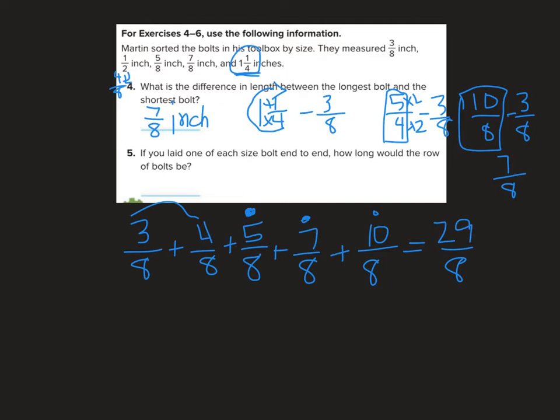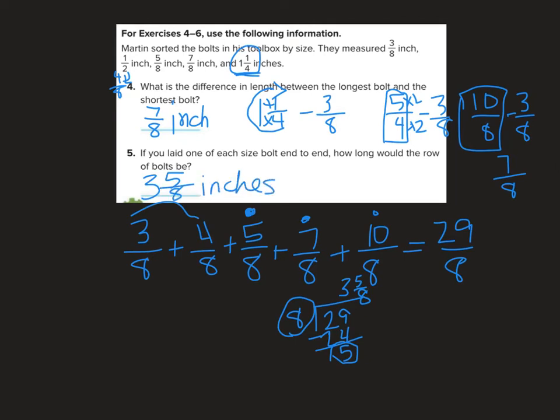Now to change it back into a mixed number, I'm going to do top divided by the bottom. 29 divided by 8 is going to be 3, and that would be 24, and I have 5 left over. So remember, here's the numerator, here's the denominator, and that's always the case. So it would be 3 5/8 inches long.